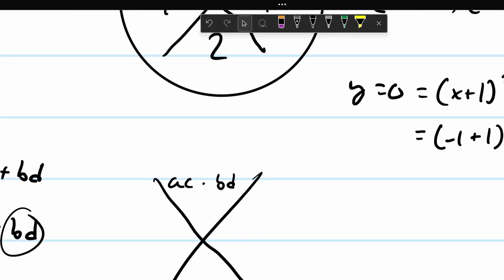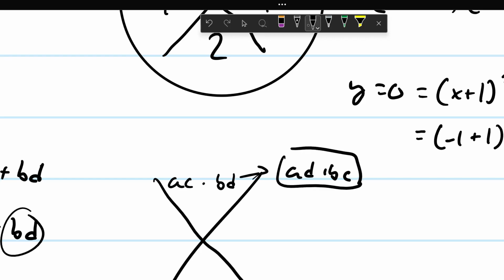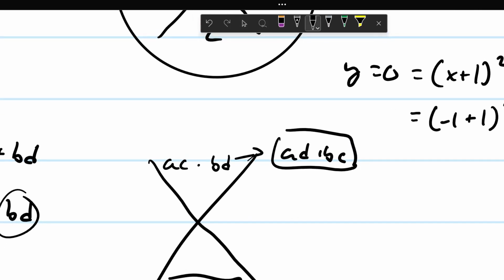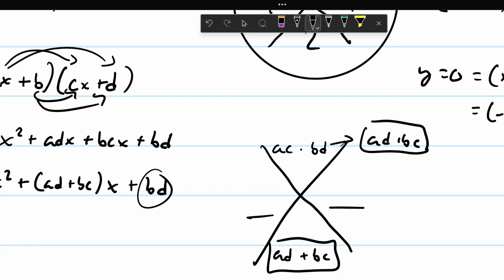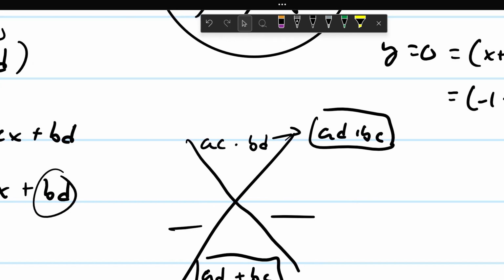So already we can tell that this is also equivalent to AD times BC, and we can recognize a pattern that there should be two numbers which multiply together and add up to make this method work. But what are these two numbers? It is AD and BC, because if we multiply these two together, they work, and if we add them, they should also work.